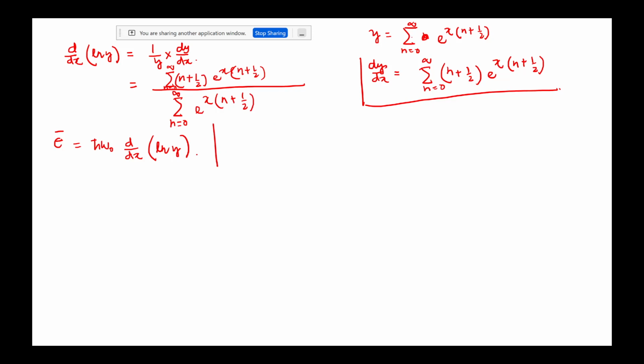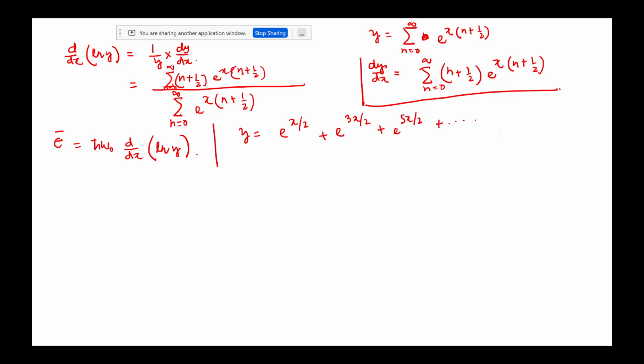So y can be written as, first, what will be the first term for n equal to 0? This will be e to the power x by 2. Second term, e to the power 3x by 2. Third term, e to the power 5x by 2, and so on.